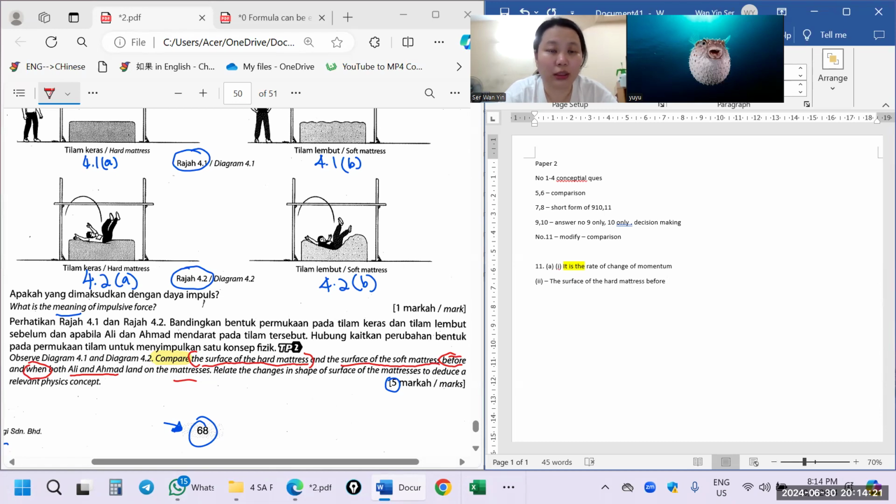I think before and when surface of hard mattress is... before means 4.1a lah, okay.